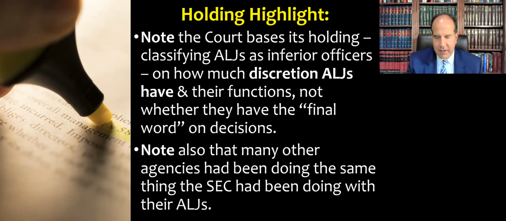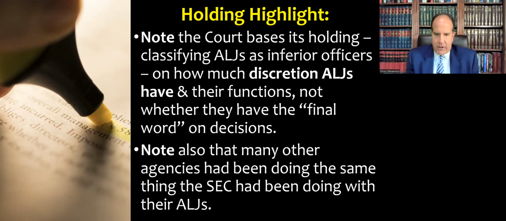So that point I made on the last slide about how technically the SEC could still reverse the ALJ, the Supreme Court decided to sidestep that and focus on the amount of discretion or authority that ALJs really have in practice and what they're doing at their job.